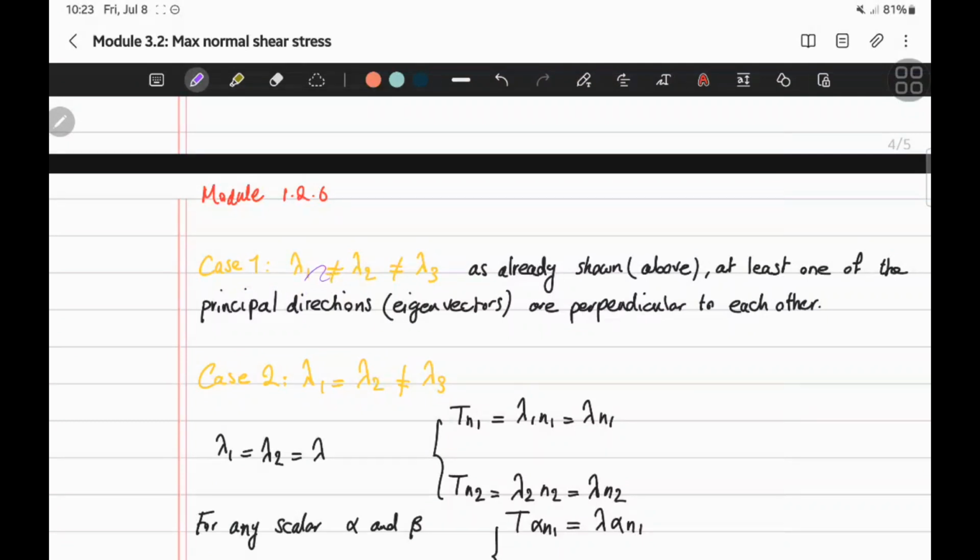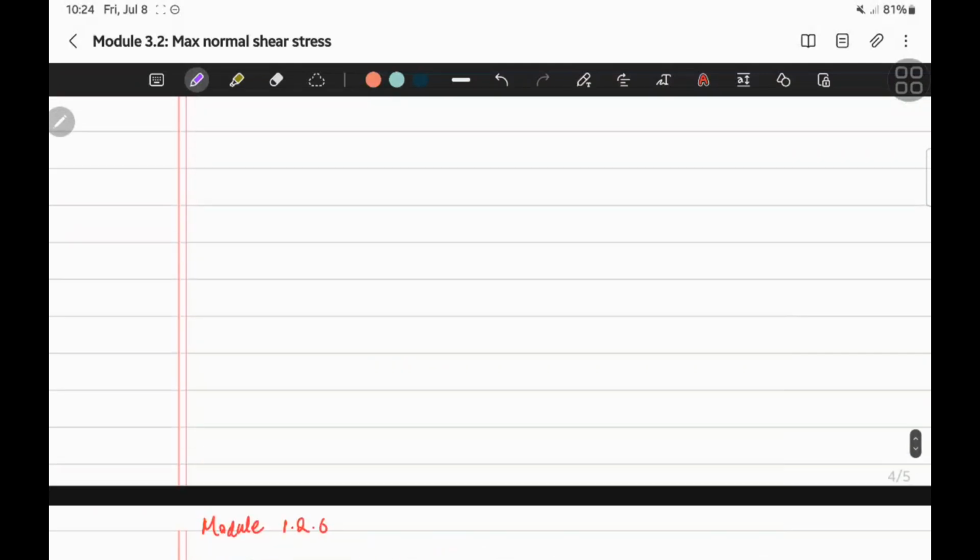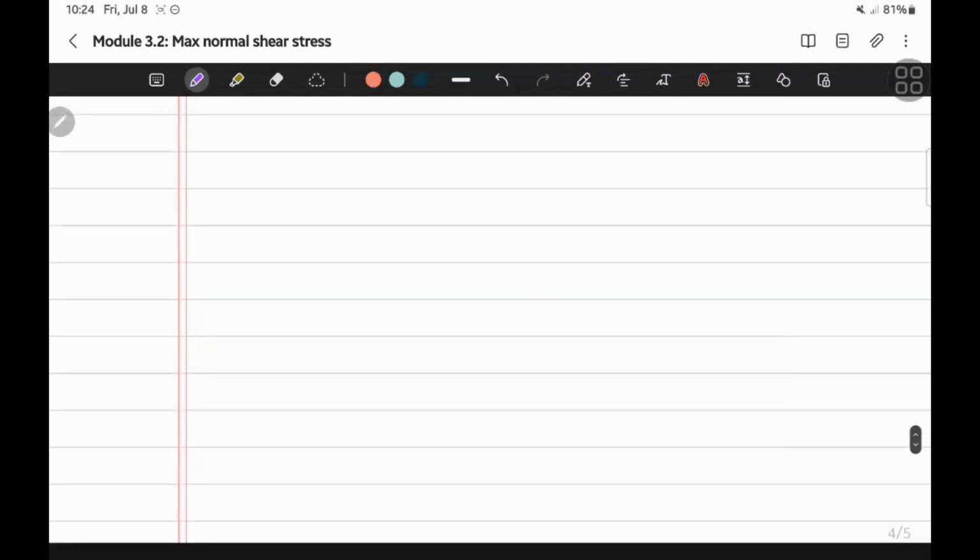So here we have lambda 1, lambda 2, and lambda 3, where each corresponds to T1, T2, and T3. As we already mentioned, this is the case we already discussed. So we have three different eigenvalues and three different eigenvectors. And here we have T1 equal to T2 not equal to T3, which is this case in here.